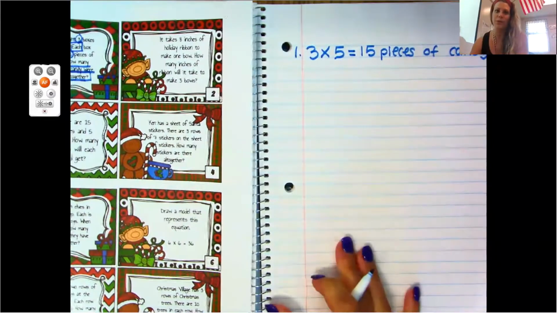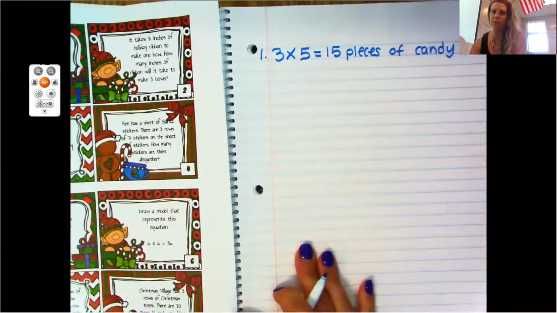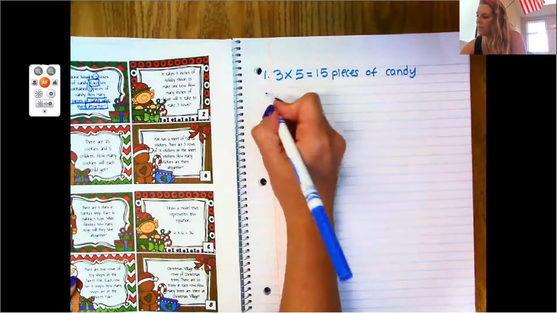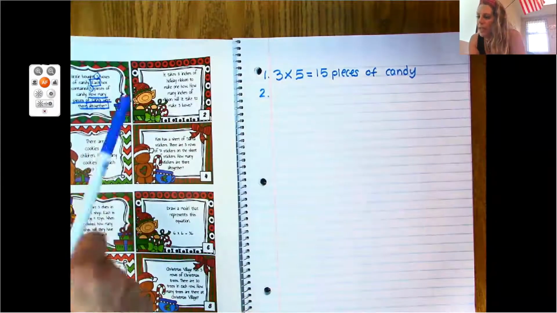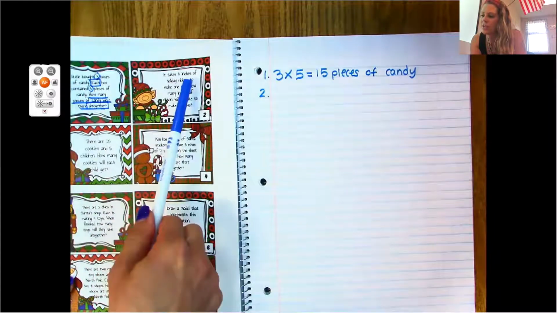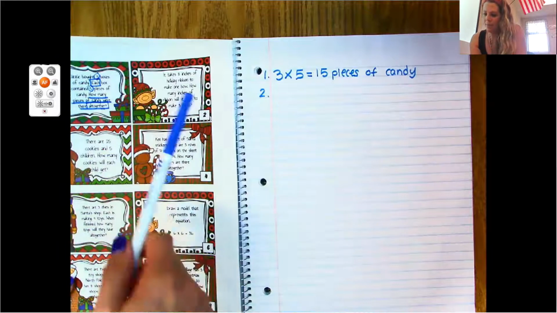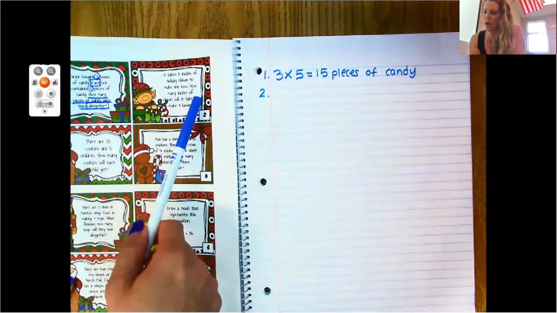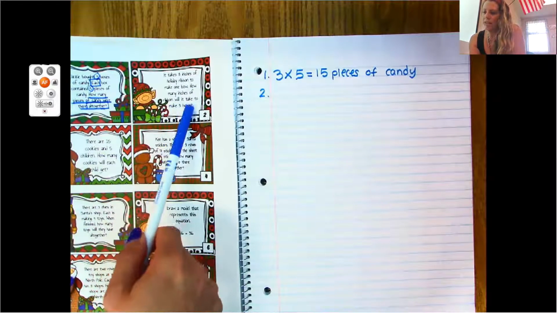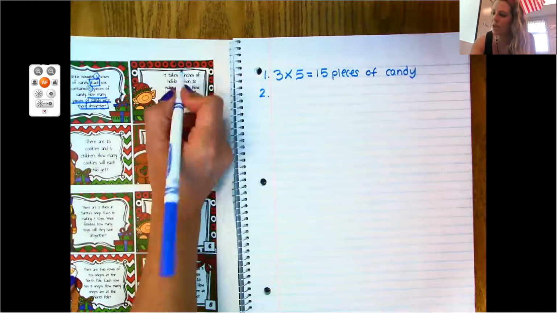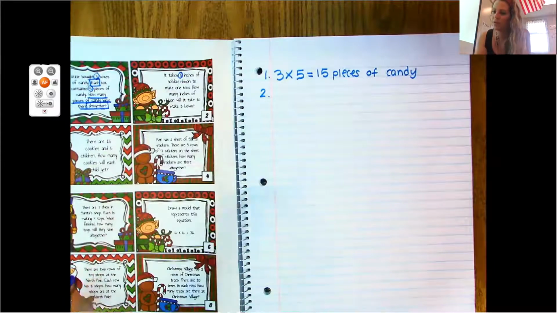All right, we are going to do one more together. I'm gonna have to make it a little bit smaller so you can see. Okay, skip a line and let's look at number 2. It takes 8 inches of holiday ribbon to make one bow. How many inches of ribbon will it take to make 3 bows? Okay, so we have 8 inches of ribbon.